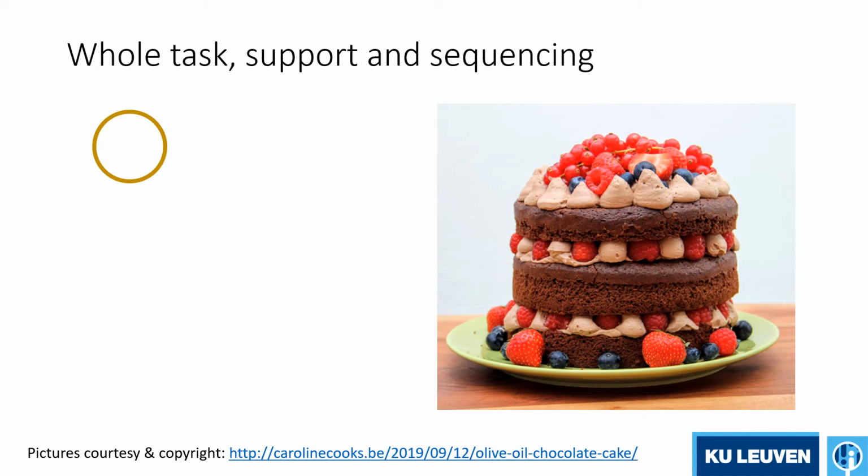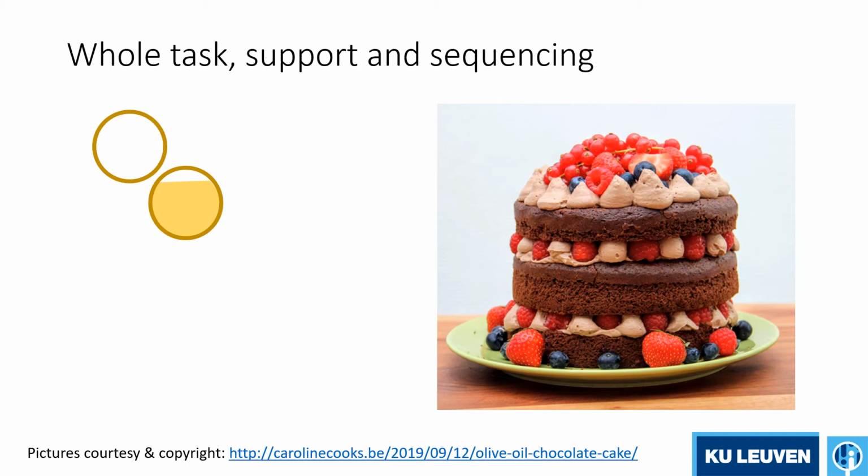Now, obviously, making a cake like this for someone who has never baked cakes would be too difficult. So the idea is that for every task you can offer a certain level of support. And in the case of this cake, the first time you maybe will just watch how your teacher does it, and then your teacher will allow you at the end to put the berries on top of the cake. So in that case, you have a lot of support, which is represented by a filled circle.